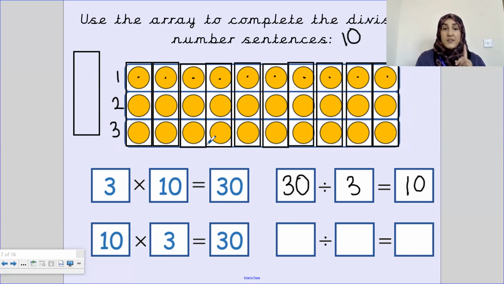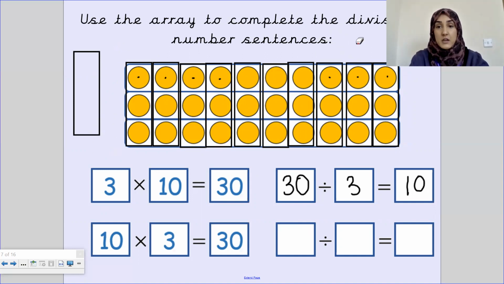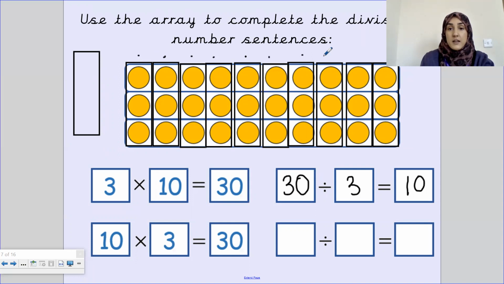Okay, so firstly, let's get my rubber out so I don't get confused here. Now, can you tell me, Morris class, how many columns are there? Can you count with me? Okay, so that's 1, 2, 3, 4, 5, 6, 7, 8, 9, 10. There are 10 columns.